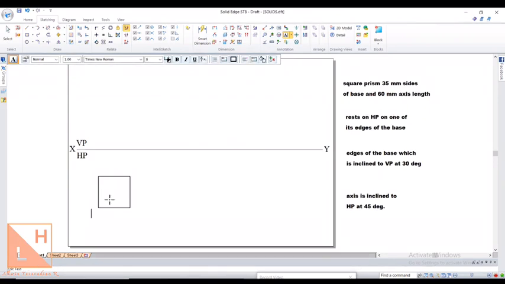So the top face is visible, so you can name it as A, B, C, D. Exactly below the top face you will find a bottom square face of the same dimensions of 35 millimeters. So the bottom face will be named as A1. Since the top face is visible, we'll write the names of the top face outside the bracket and the bottom face will be hidden seeing from the top, so we'll write that within the bracket.